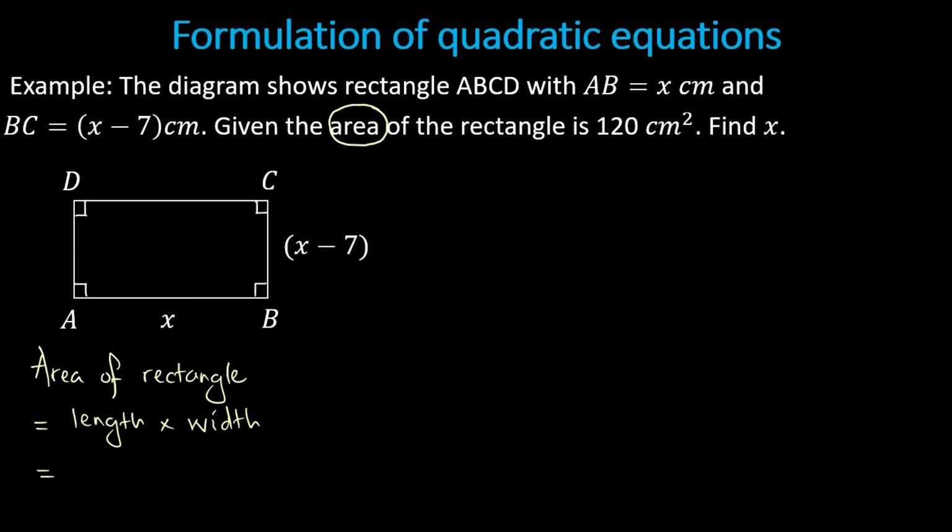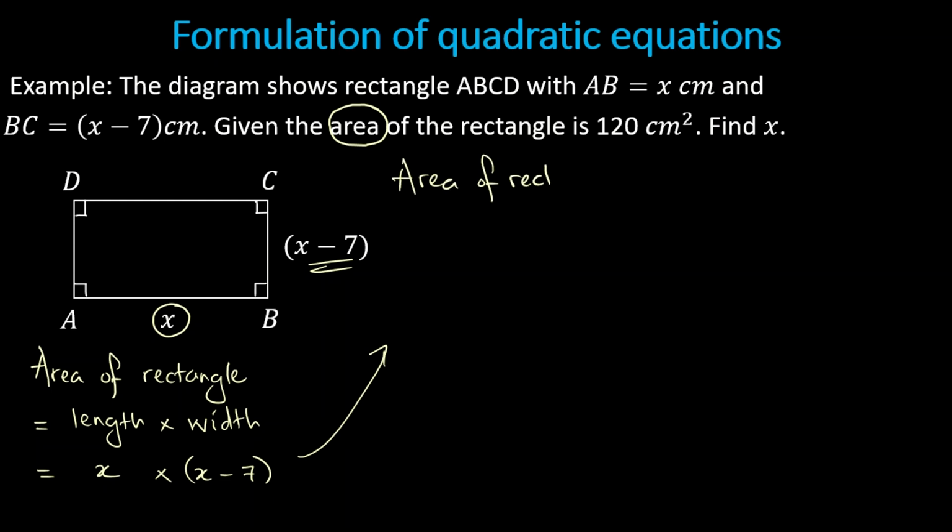And what is the length of the rectangle? The length is x. And what is the width? X minus 7. X times x minus 7. So we have area of rectangle is x times x minus 7, and this can be written simply as x times x minus 7 like this.